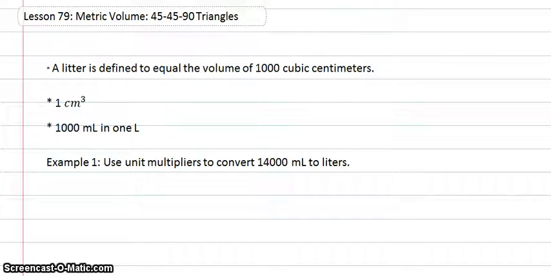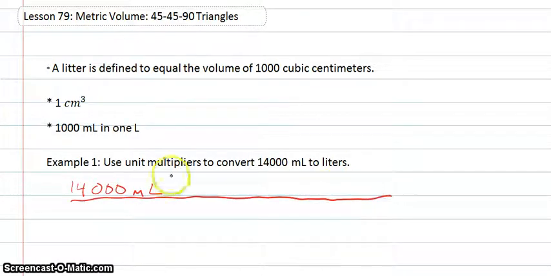In our first example, we want to use unit multipliers to convert 14,000 milliliters to liters. So let me write that out. I use the picket fence method. If you want to separate them out into separate little fractions, that is fine.